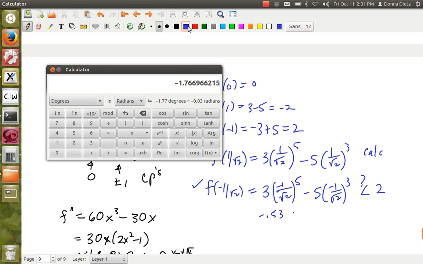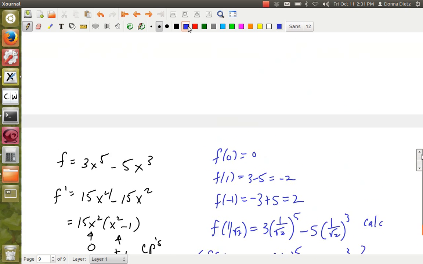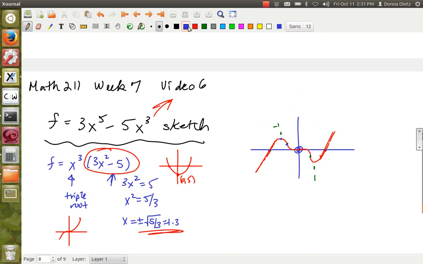Okay, then it's going to be plus 1.7. So 1.7 minus 0.5 is definitely less than 2. It's roughly in the vicinity of like 1.2. So it matches our plot. So we're pretty happy. I'm not going to bother testing the other point, but you can if you want. You kind of just see how you poke around at it. So this guy is at about 1.2 roughly.